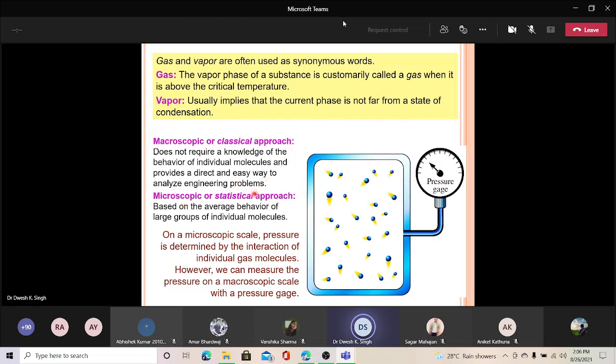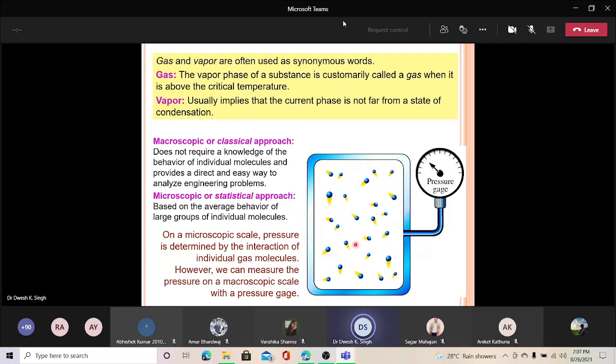Now the very next question that should come from the student side is, what are macro and microscopic? The macroscopic approach doesn't require knowledge of the behavior of individual molecules. When you are studying an individual molecule, let us take a picture here.